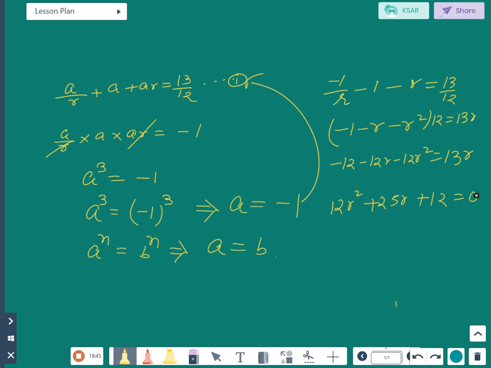Apply the quadratic formula for solving this: 12r squared plus 25r plus 12, 144. Split the middle term and solve generally. You need to get 25, so write 144 here and factorize: 2, 72; 2, 36; 2, 18; 2, 9; 3, 3; 3, 1. You have to find the factors.